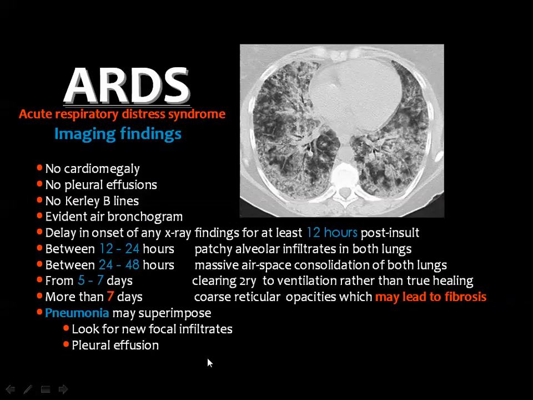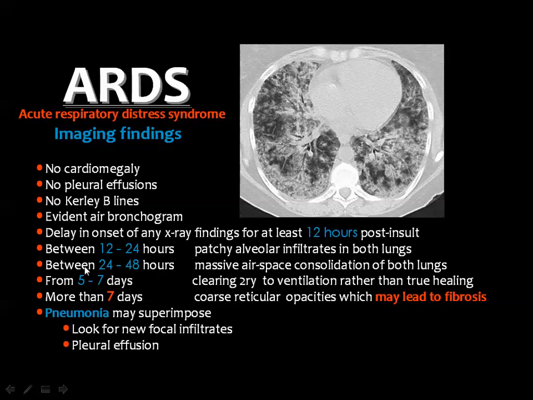In the imaging findings, you cannot see enlargement of the cardiac shadow. There is no pleural effusion, no Kerley lines, and there may be evident air bronchogram. The lesions will appear in the lung with a latent period of, let us say, 12 hours after the insult.